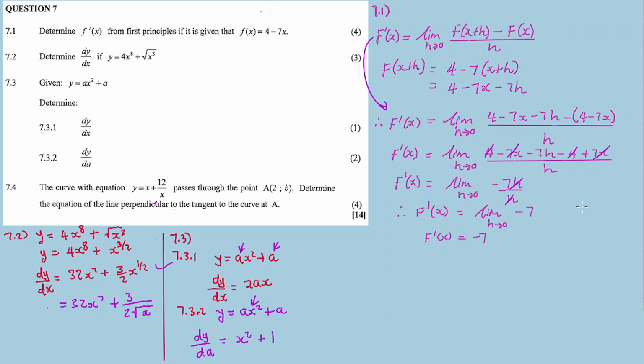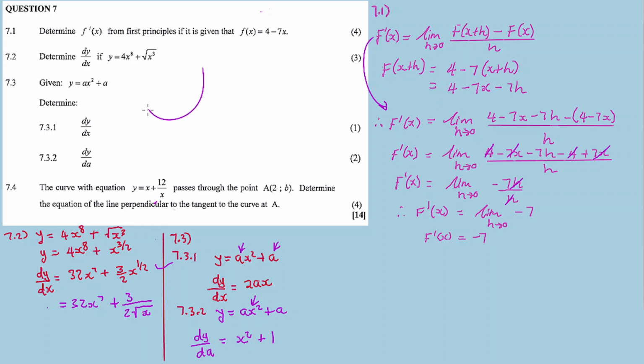7.3 is complete, and we move on to 7.4, where they say the curve with the equation y equal to x plus 12 over x passes through the point A. Determine the equation of the line perpendicular to the tangent to the curve at A. Okay, interesting.